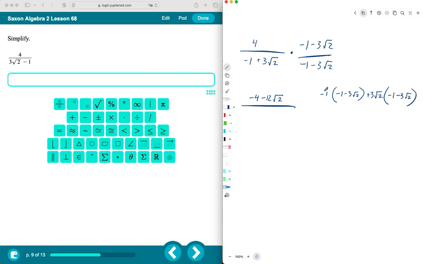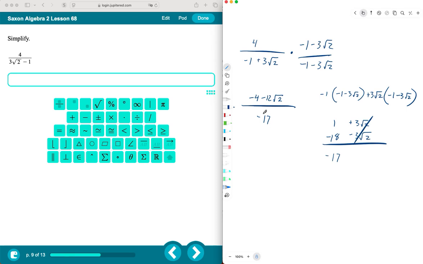All right, so that's going to be a positive 1 and a positive 3 square root of 2. This is going to be a negative 3 square root of 2. And this is going to be negative 9 times 2 is a negative 18. So this cancels, and this is a negative 17.